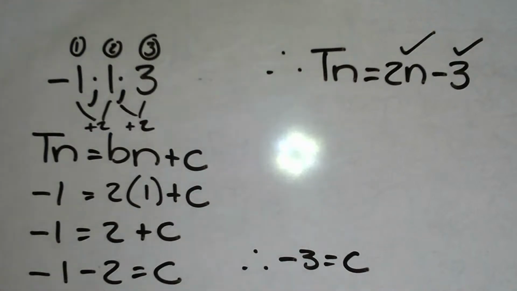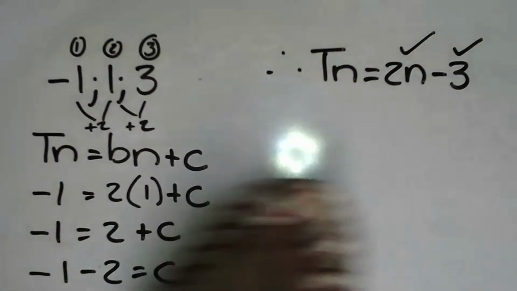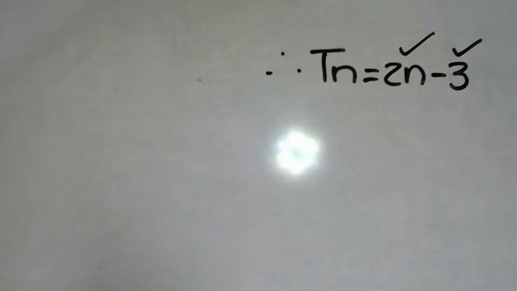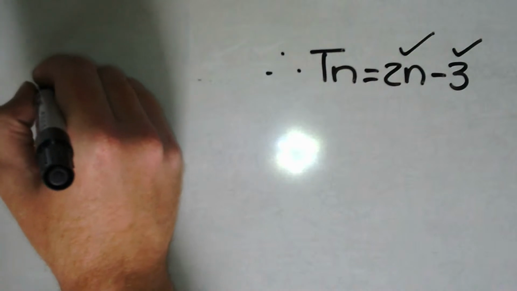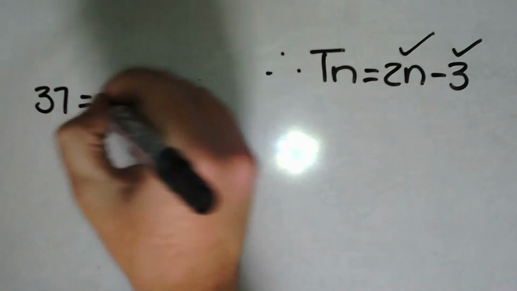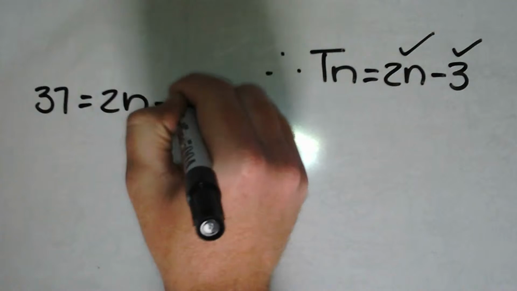Okay. Then, using this rule, they ask you which term of the sequence is equal to 37. And this is a question that I also like to ask. So they're asking you basically, in what position will 37 fall in that sequence? So we use this rule, and because 37 is an output value, we say 37 equals 2n minus 3.